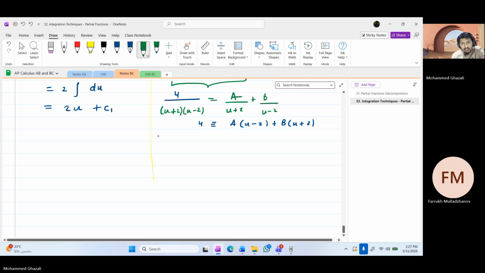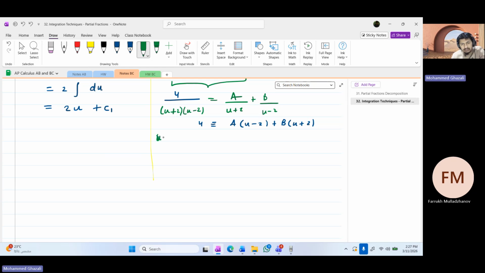So if u is equal to 2, then a falls out. That's 4b implies b is equal to 1. If u is equal to negative 2, you're getting negative 4a, b falls out, so this implies a is equal to negative 1.